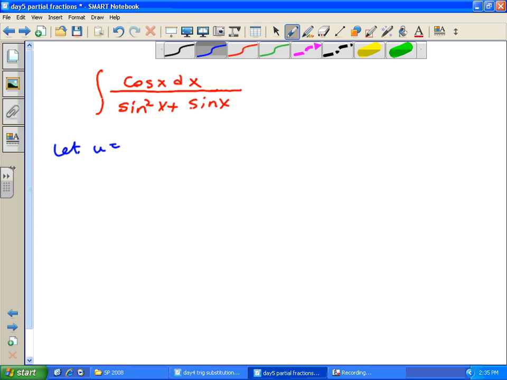Again, since we have the cosine x dx on the top, it would be a good idea to select u to be sine x. So its derivative is cosine x dx. So now the integral can be rewritten as just a du on the top and u squared plus u on the bottom.